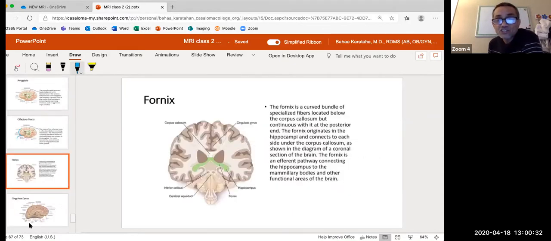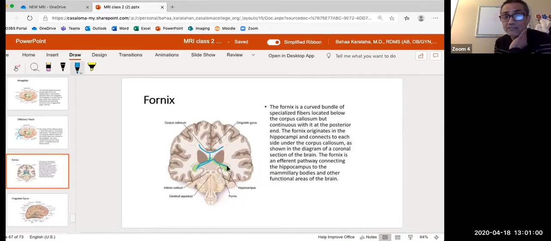Next structure, which is basically the fornix. Those are a bundle of fibers that move with the same curve as the corpus callosum, by the way. And of course, they are located just underneath of it. So if you look at this picture, the corpus callosum connecting the right and the left, that's the corpus callosum. If you move toward and down, basically this is the fornix.